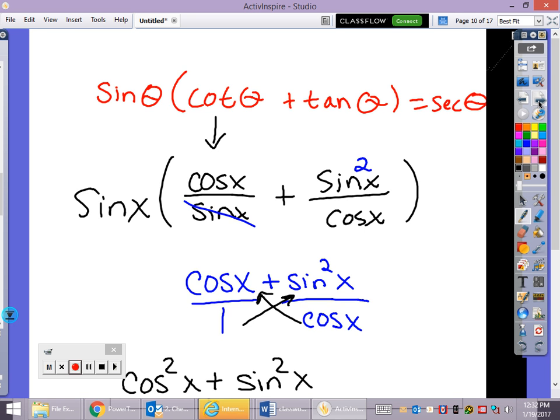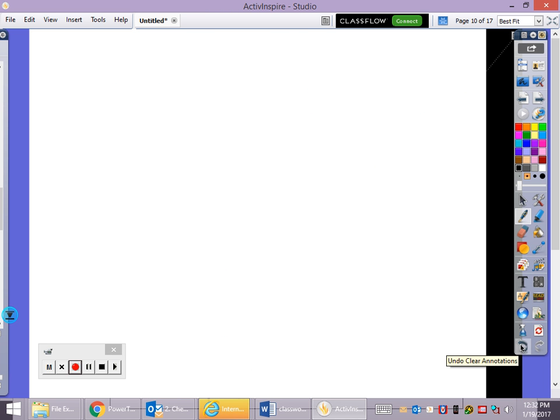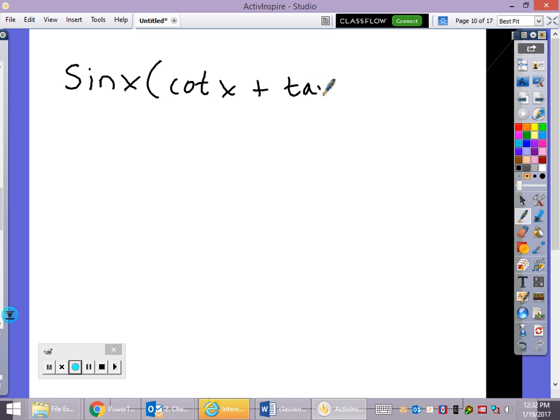Oh, did I forget to? I forgot to type that one. Sorry. Okay, so we're going to do number 2. Number 2 says, sine x parenthesis cotangent x plus tangent x equals secant x. All right.